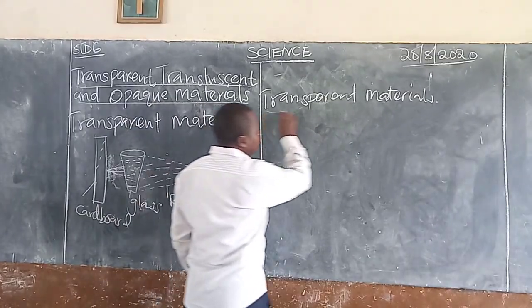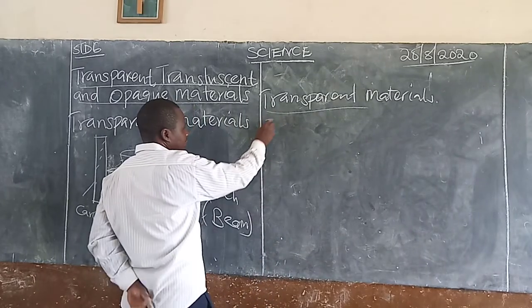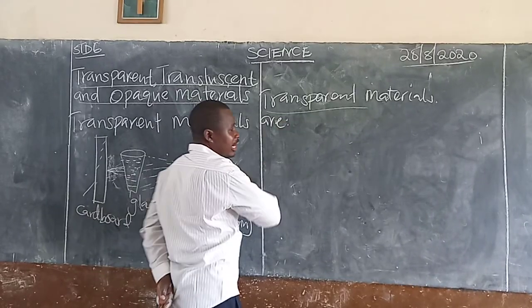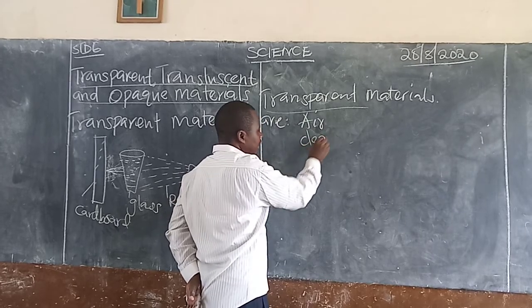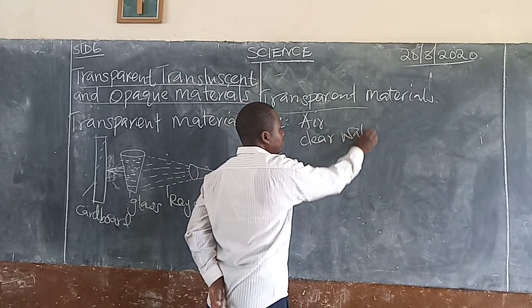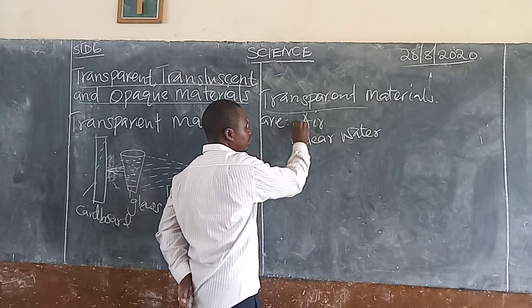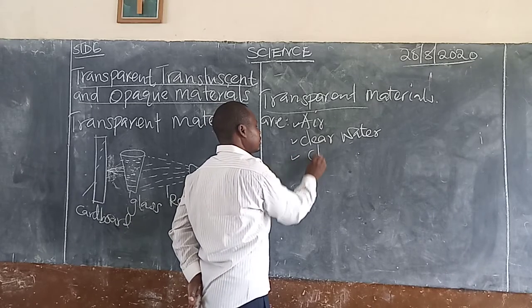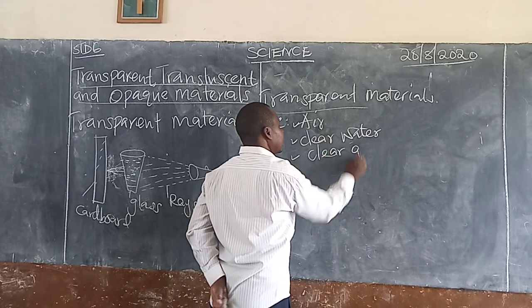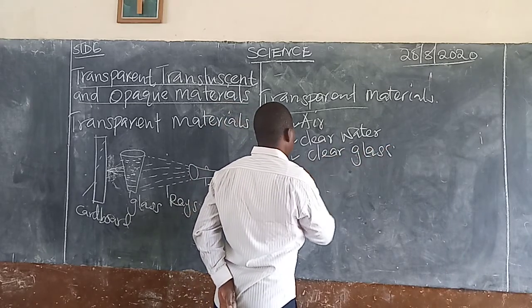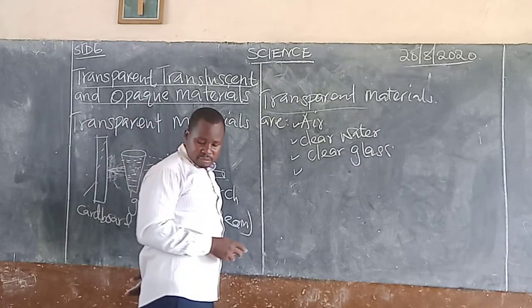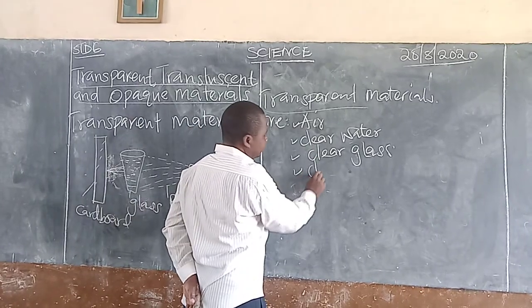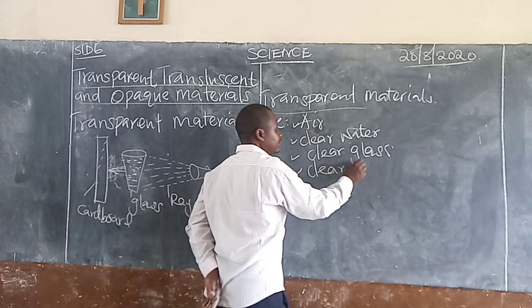Now, transparent materials are these: we have clear air, clear water, and clear glass. We have also clear polythene bags. They must be clear.